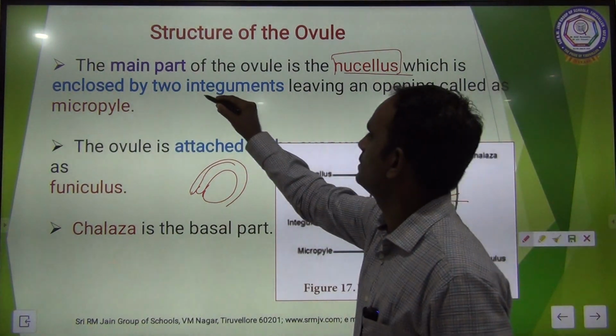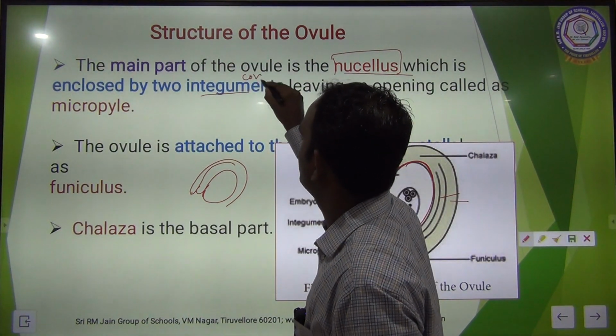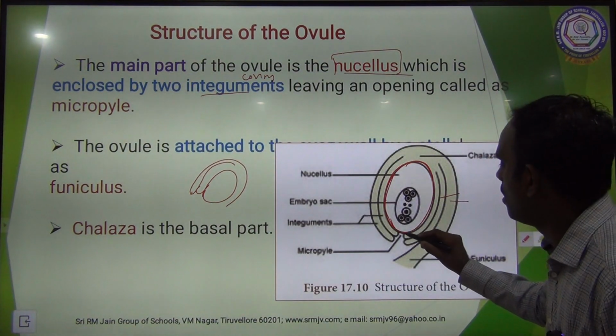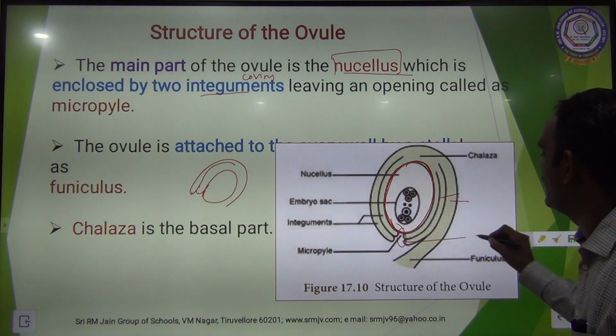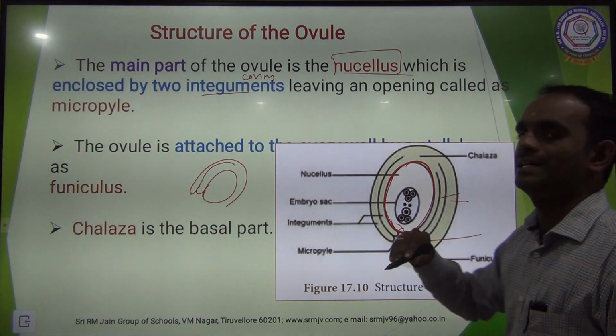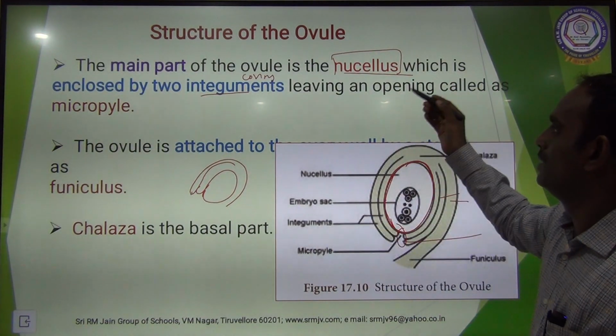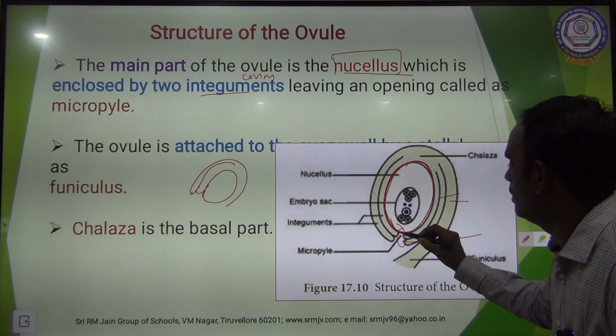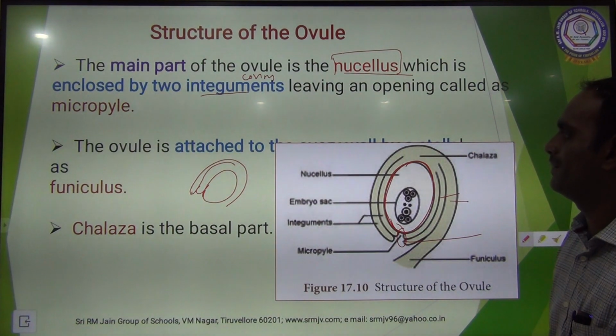Integuments is nothing but covering, leaving an opening called micropyle. So the whole nucellus is covered by a covering called integuments, leaving a small opening called micropyle.